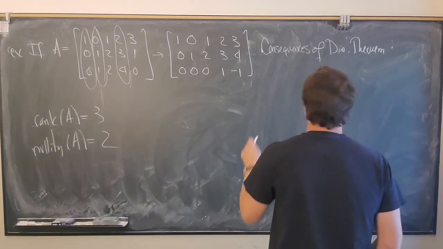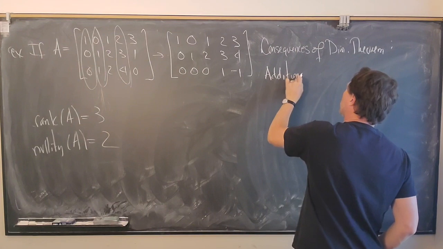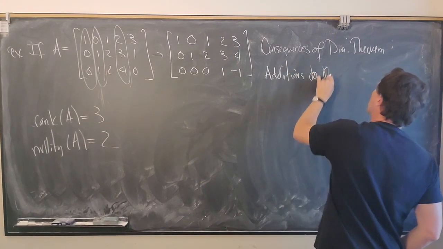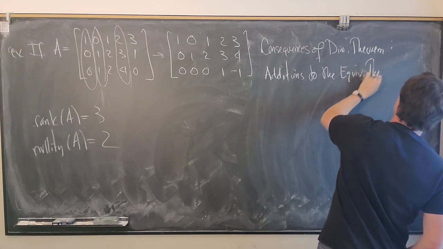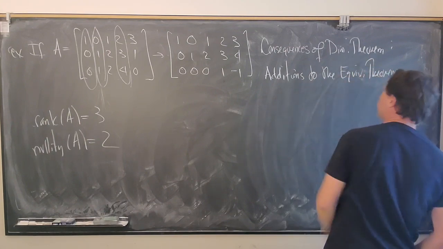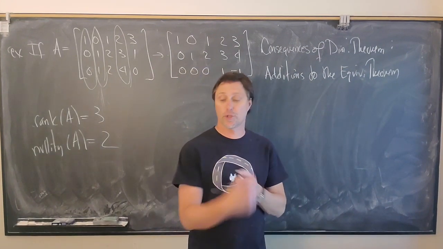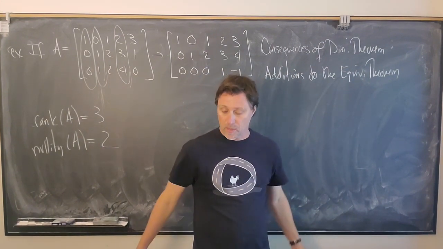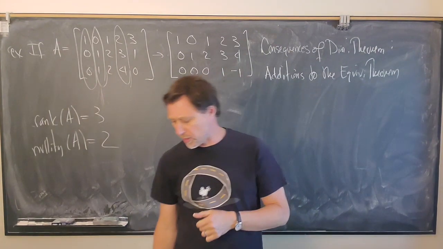So we'll say additions to the equivalence theorem. So remember, that's the theorem that has a bunch of things that are equivalent to our matrix A being invertible. And if you're keeping a list, hopefully you kept some space there.